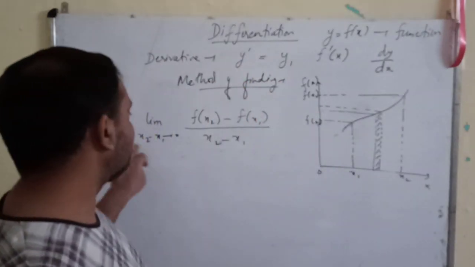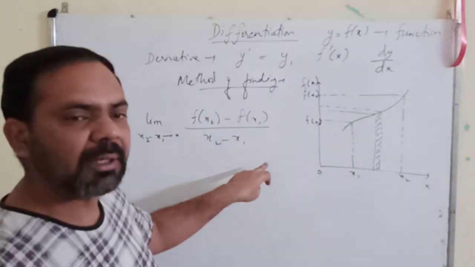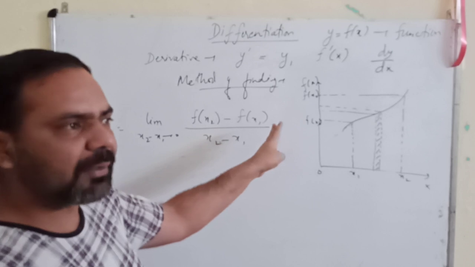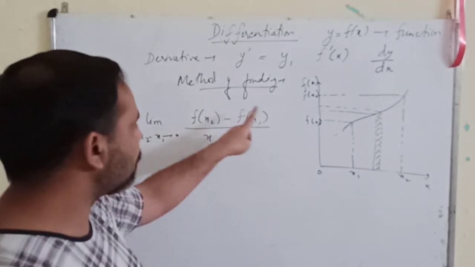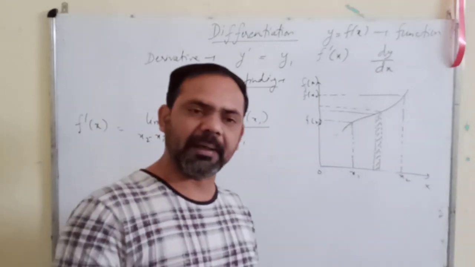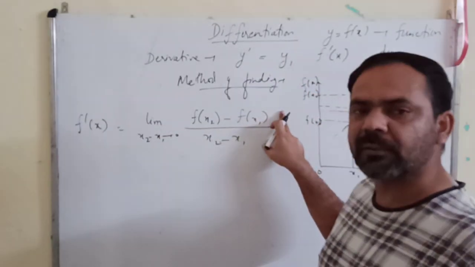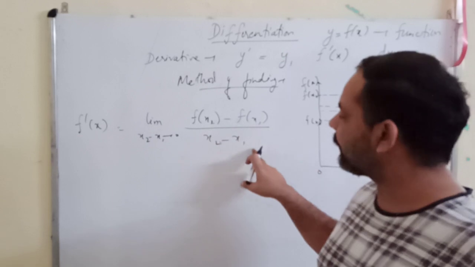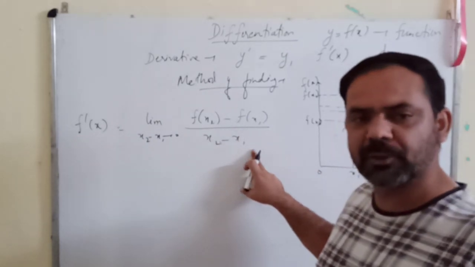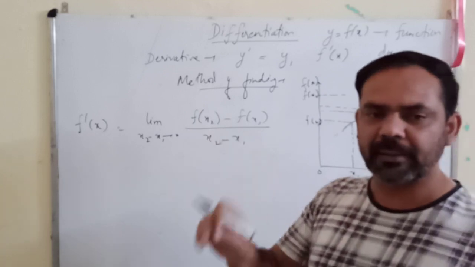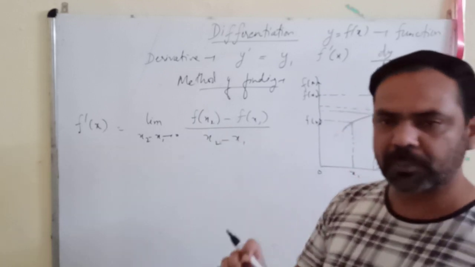This is the definition of the derivative, and this is the method by which we find it. Derivative is nothing but the rate of change of image of the function with respect to the change in pre-image of the function, given that the change in pre-image is infinitesimally small.